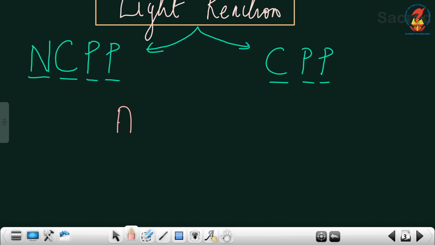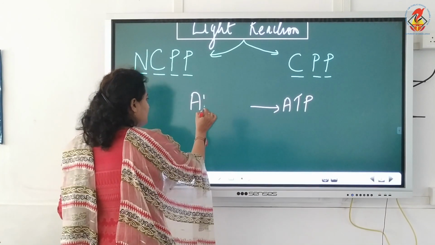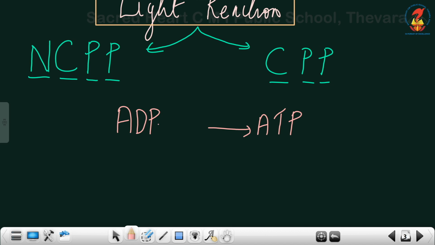Now we saw that ATP is the energy molecule, adenosine triphosphate. How is it formed? ADP, adenosine diphosphate, plus phosphate combines to form ATP. This process is called phosphorylation. So what is phosphorylation?